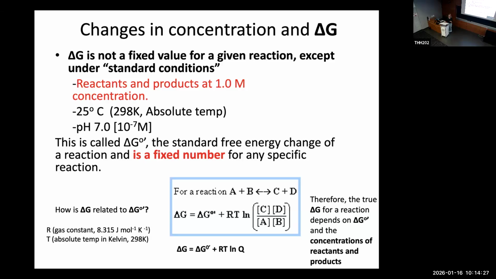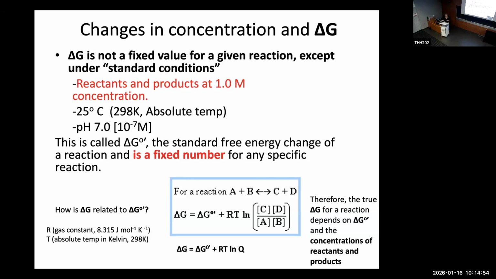So for biochemical reactions, standard conditions are at the state you're starting, the reactants and products are all at 1 molar. The temperature is 298 Kelvin, and the pH is 7, which means that hydrogen ion concentration is 10 to the minus 7 molar. That's pH 7.